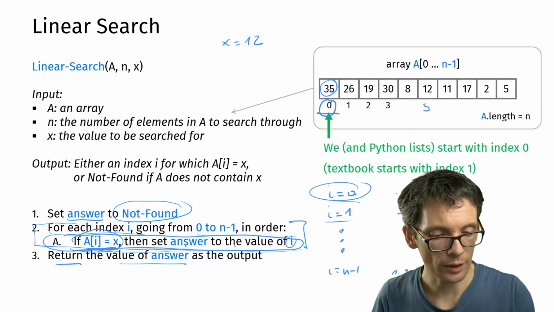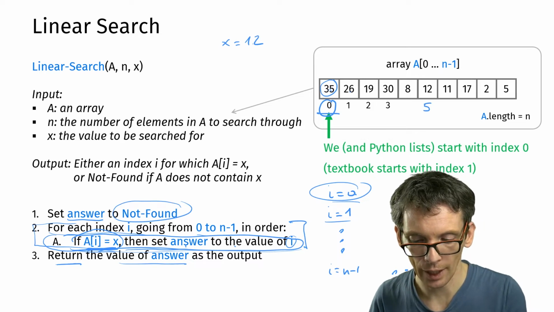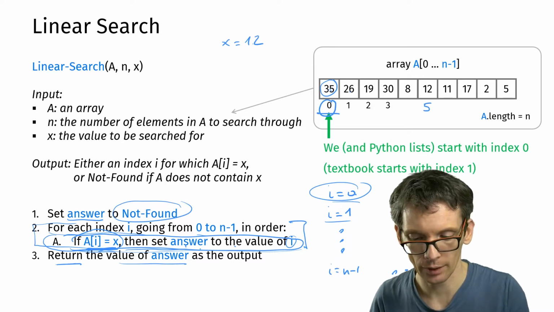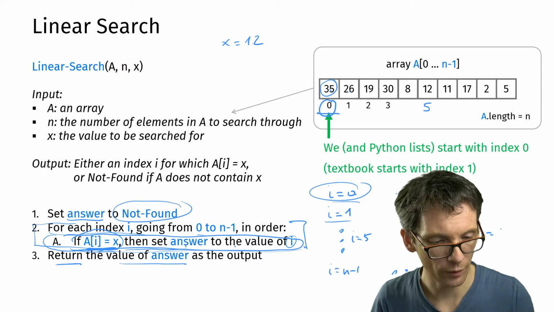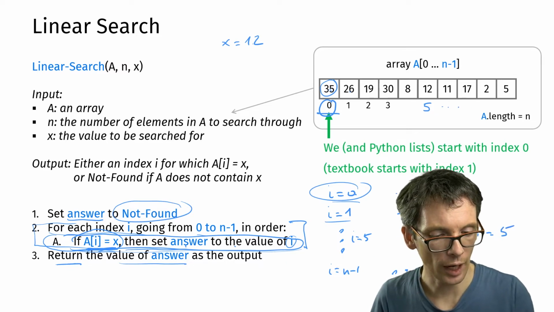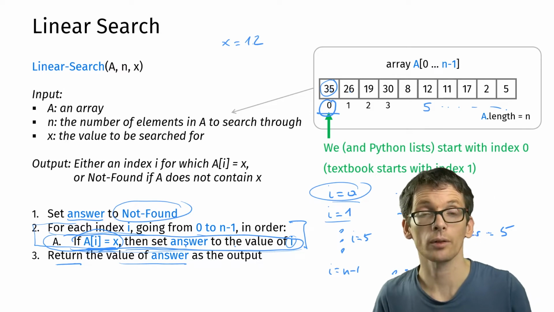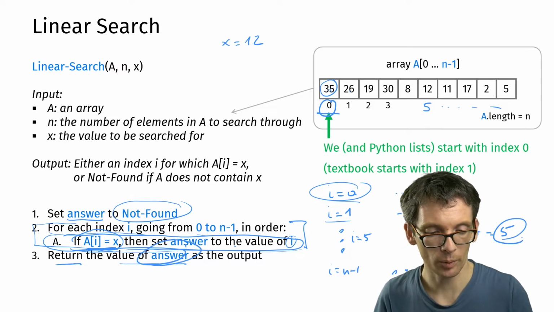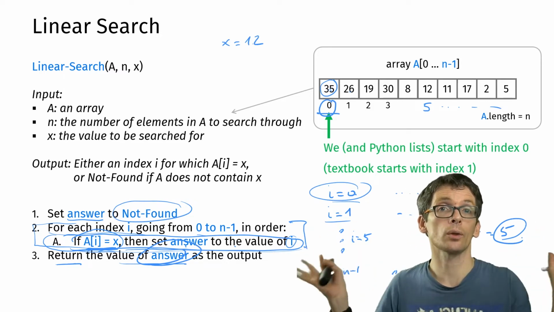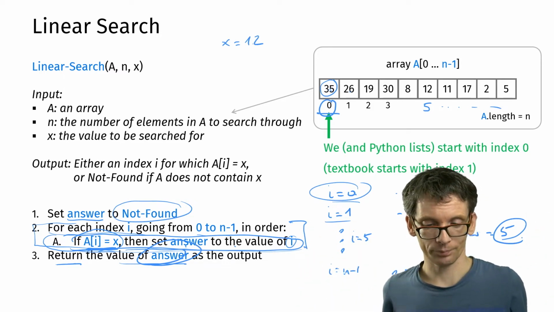So actually, when I is 5, we're going to have that A[I] is actually x. So then I'm going to set answer. So for I is 5, I would here set answer to I, so to 5. And then my algorithm would continue. It wouldn't do much more. At the very end, I would be returning answer, and I would be returning 5, and then we would know that 12 is at that index.